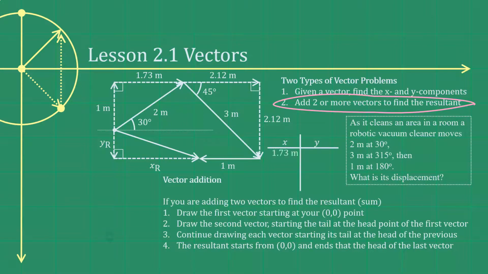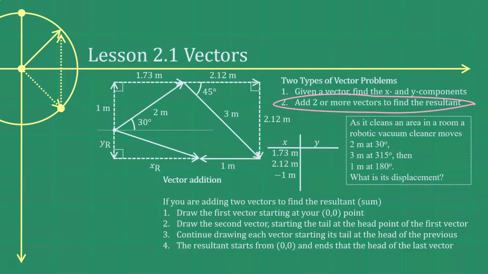I have a 1.73 meter x length, a 2.12 meter x length, and then that other x length goes backwards to the left 1 meter, so I'm going to have to include that as a -1. Okay, so I just added together all of the x lengths. Notice that that's going to give me the x value for the resultant. It's going to give me that x vector in the lower left.